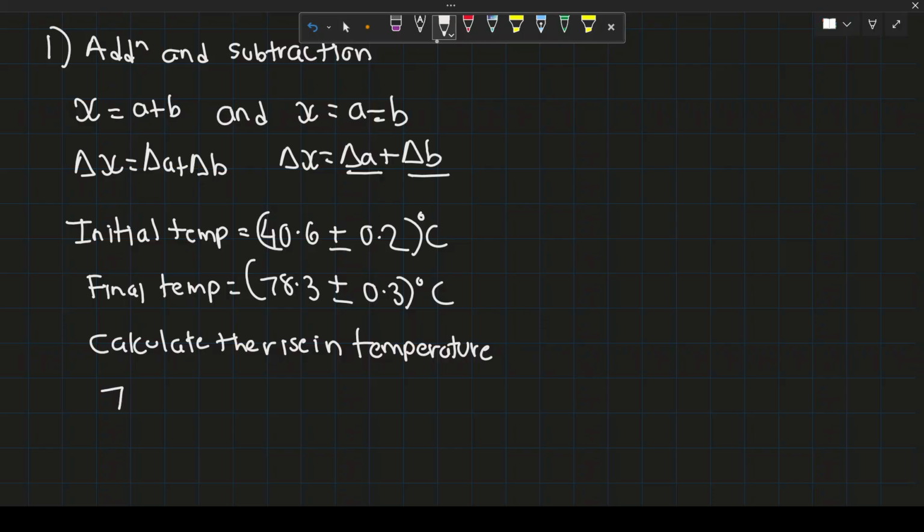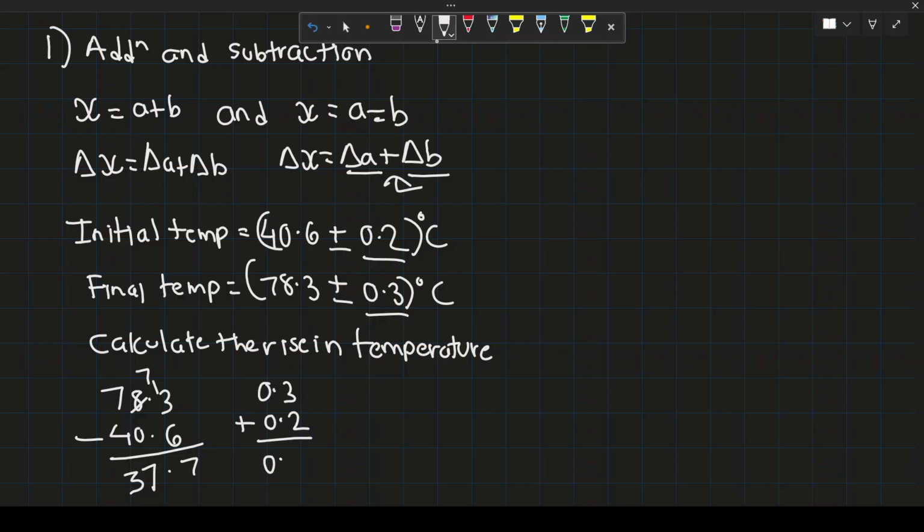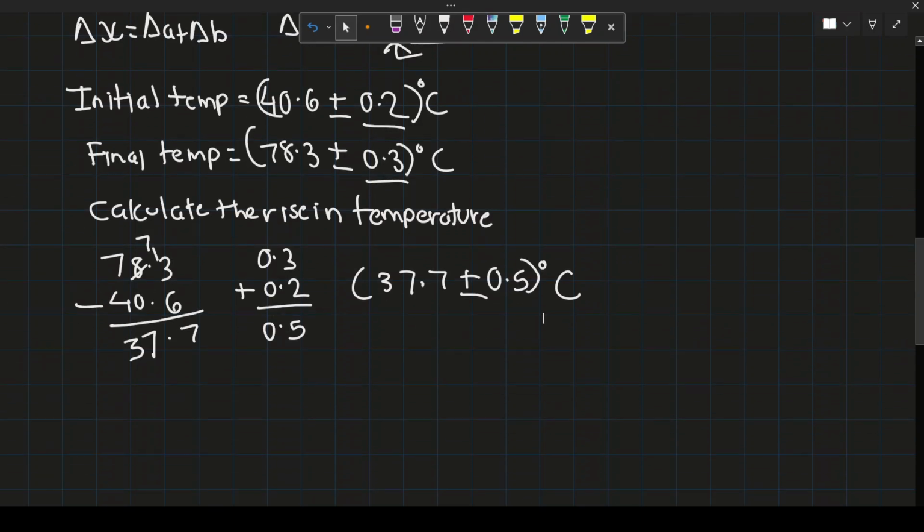So what you do is 78.3 minus 40.6, which is 37.7, and what you do with the errors, as I told you, is add them. So 0.3 plus 0.2 gives you 0.5. So your final answer should be 37.7 plus minus 0.5 degrees Celsius. This was about addition and subtraction.